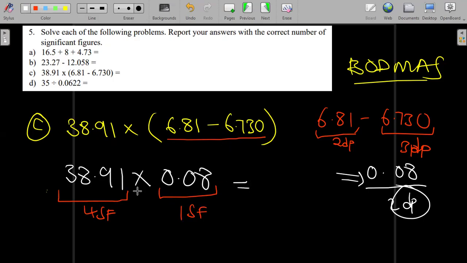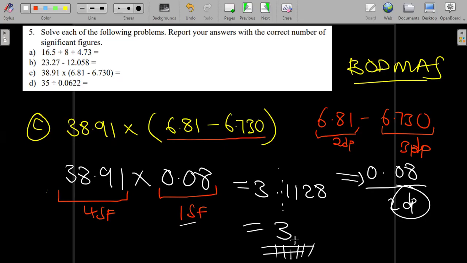So equals to, so just punch this on your calculator. So if I punch that on my calculator, I'm getting 3.1128. Okay, so this one here has 5 significant figures, but our answer should have only 1. So we're going to round off from there. So we're just going to have 3. So 3 there is the answer, to 1 significant figure. So any question there?